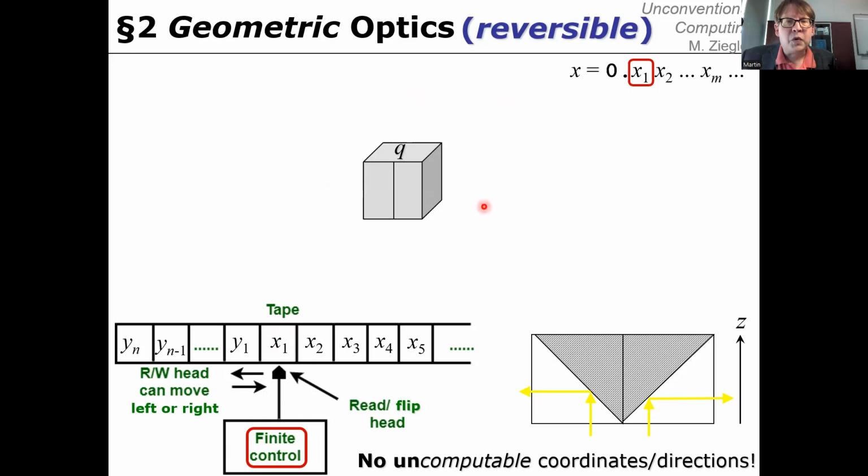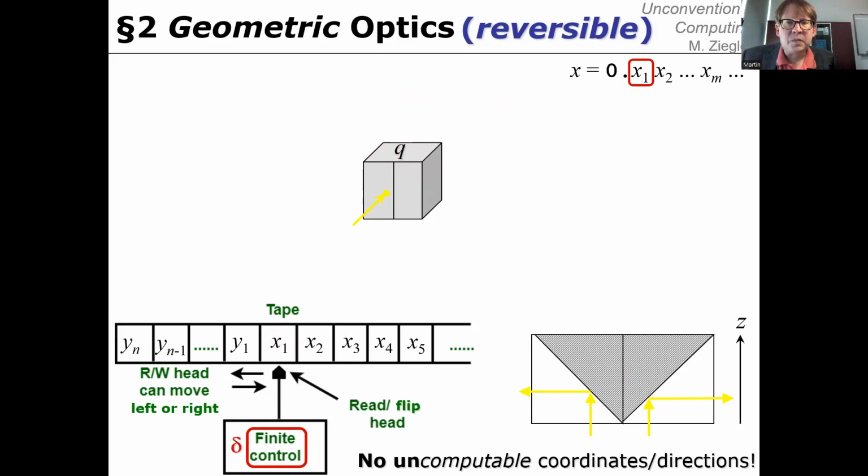Our optical computer will then have such a test gate. It is labeled with Q, the state that we're currently simulating. It will test whether the incoming ray comes at an x position smaller than 1/2 or greater than 1/2, corresponding to this line in the middle.